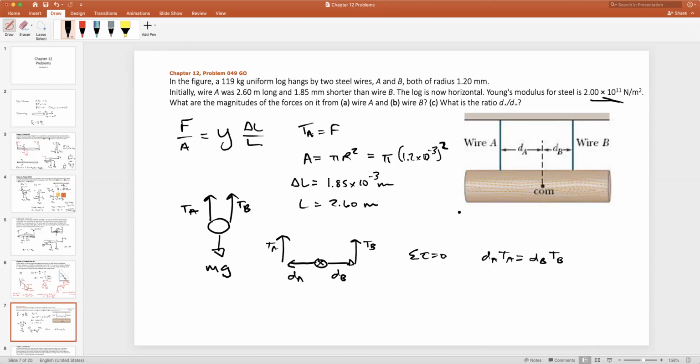From our forces here, TA plus TB minus mg is equal to 0. We're told the mass of the log. We found TA, so we can find TB. And then dA over dB is just TB over TA.